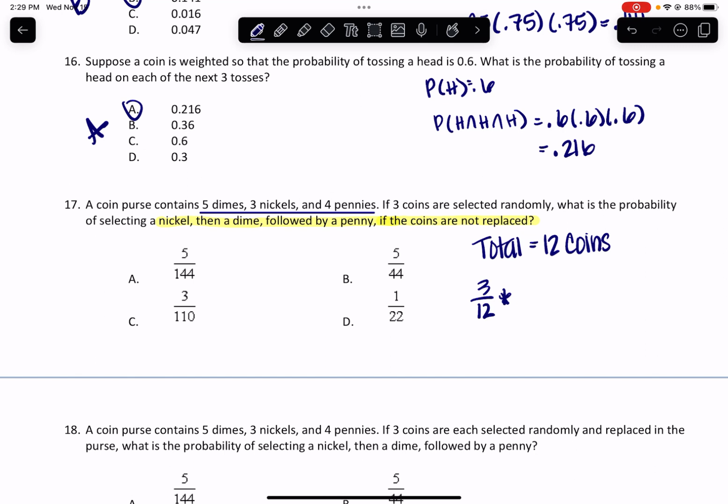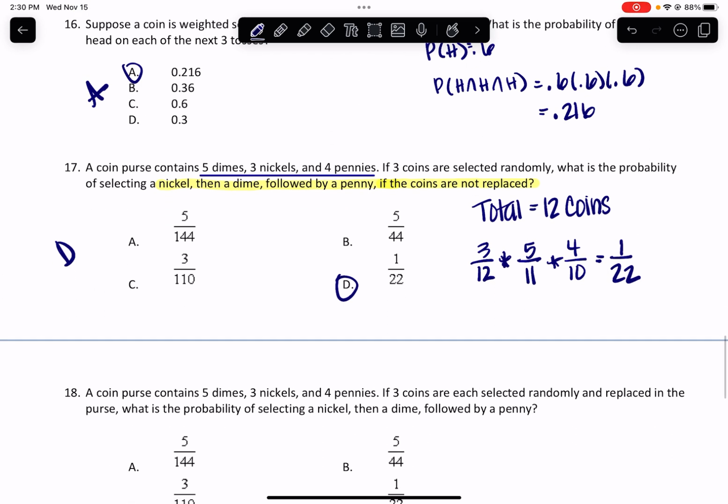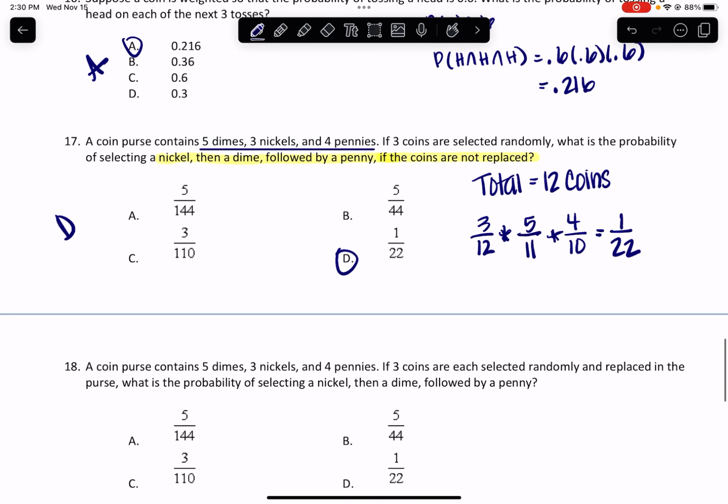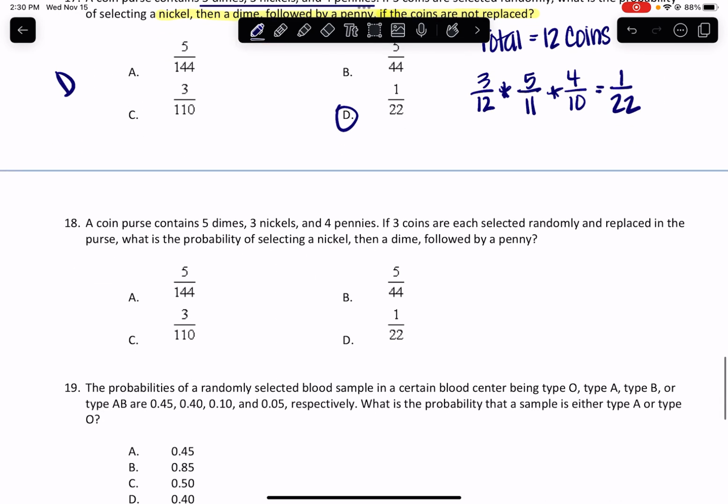Then a dime, so there's 5 because we have not pulled a dime yet, but there's only 11 coins left over. And then we want a penny, and we haven't pulled a penny yet, but now there's only 10 coins left over. When I put that in the calculator, I get 1 over 22. I used the stack fraction on 17 so that I kept the fraction because my answer choices were in fraction. If they weren't, I would have just put the decimal. Even if you didn't, you can compare the decimal version to the fractions that are there.